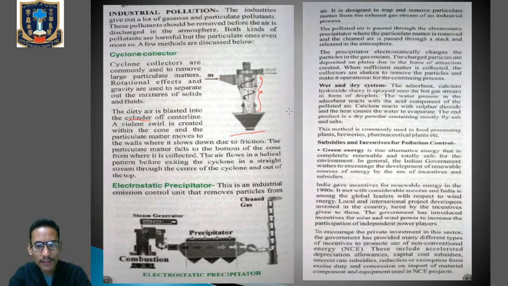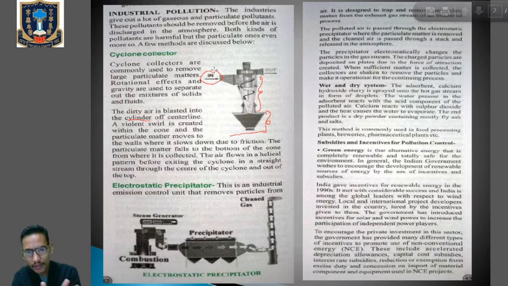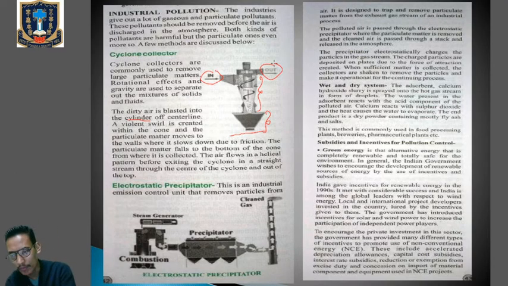This is the collector portion for the dust particles or particulate matter. This is the inlet from where the air with high velocity enters the cylinder, and this is the outlet from where the air free from the large particulate matter is released. So we have the inlet, the outlet, the cylinder, and the collector.